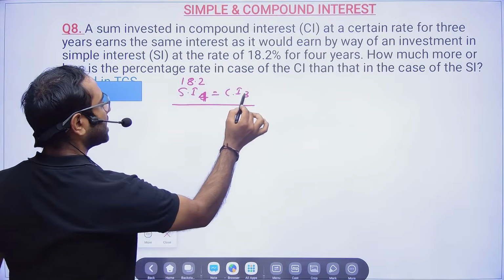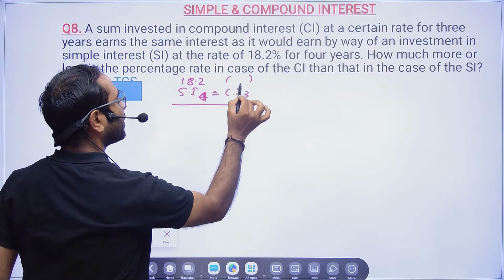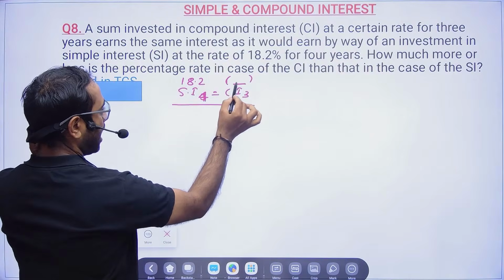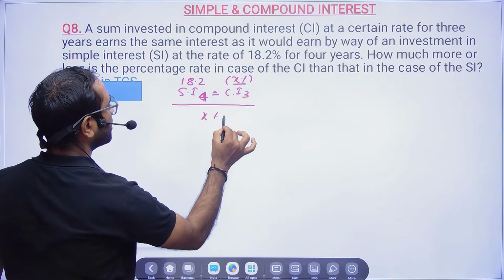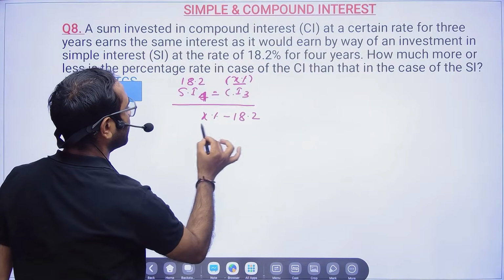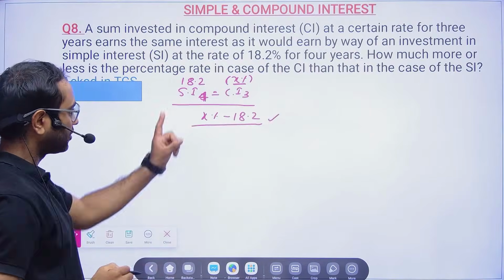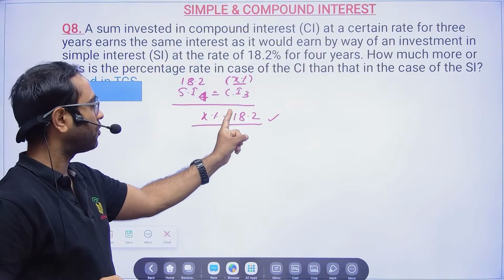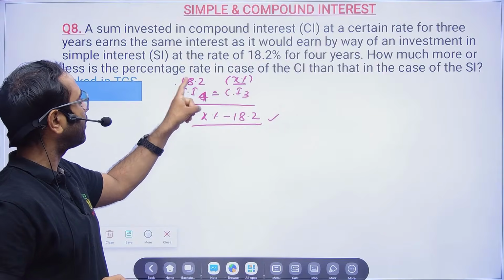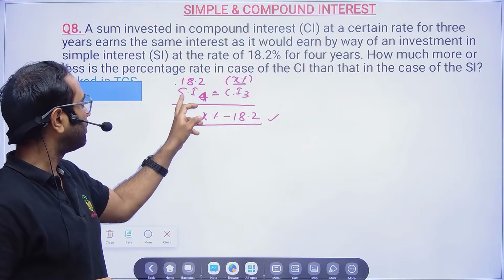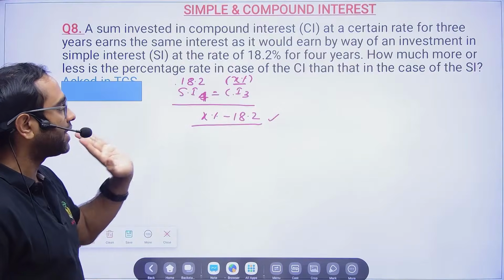So definitely here we have to find the rate of interest, and once you find the rate of interest, you have to subtract and tell what is the difference. That's all, this is the question. So simple interest for 4 years is equal to compound interest for 3 years. It will happen only when the rate of interest is different, so that we have understood.